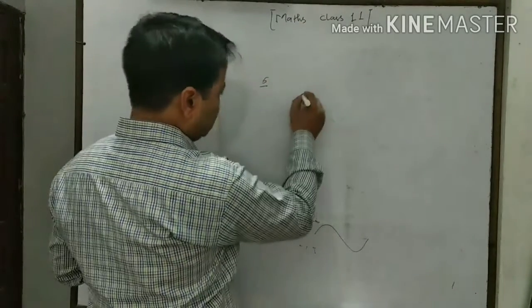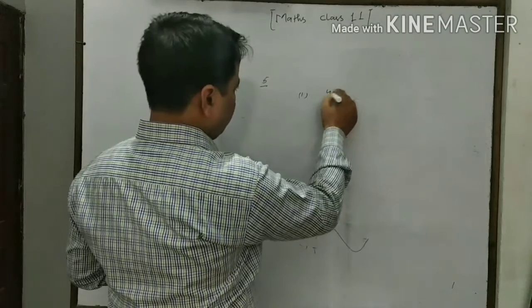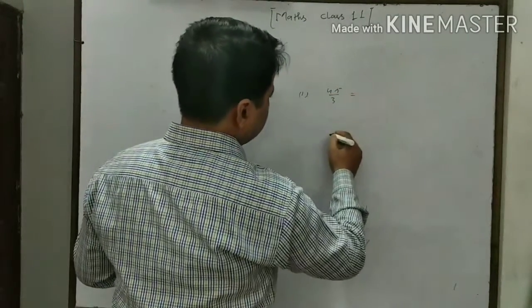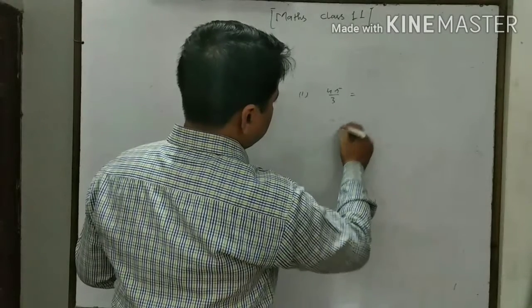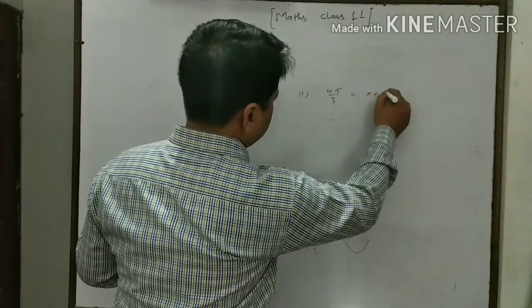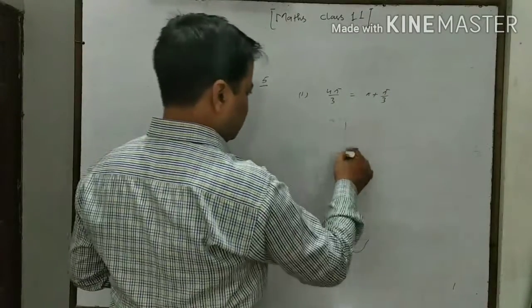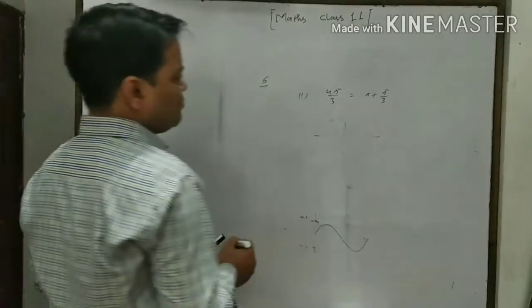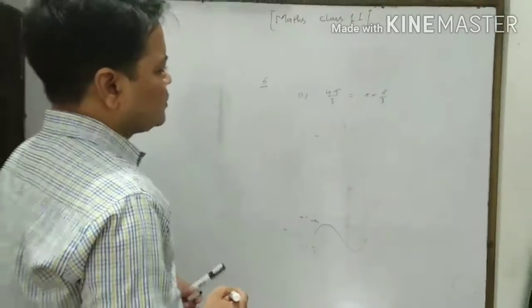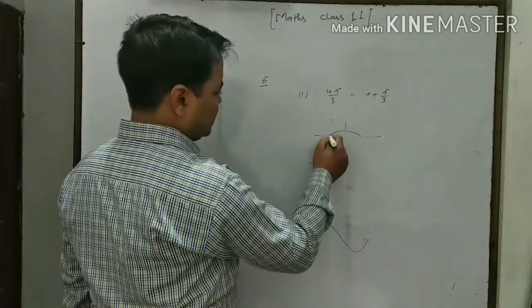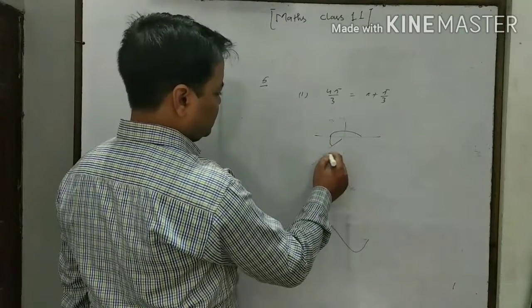Here, the first one, 4 pi by 3. 4 pi by 3 can be written as pi plus pi by 3. And pi plus pi by 3 means which quadrant? It will be here, like this, in the third quadrant.